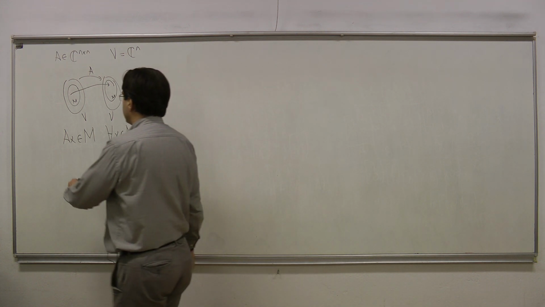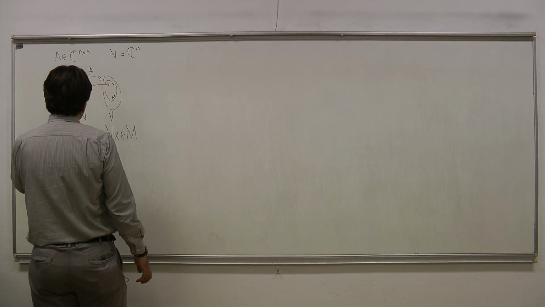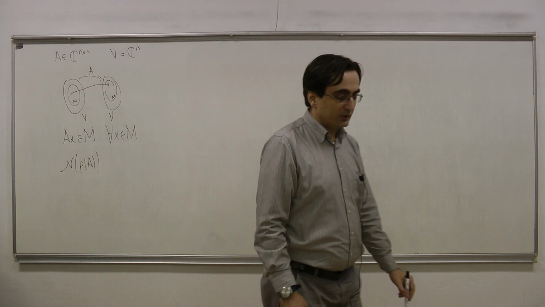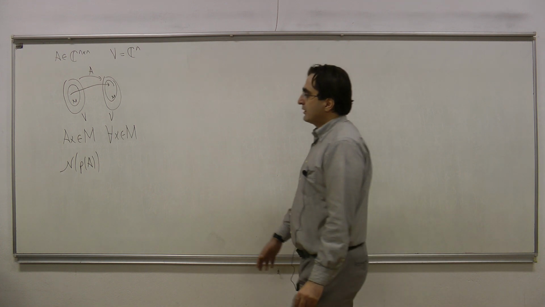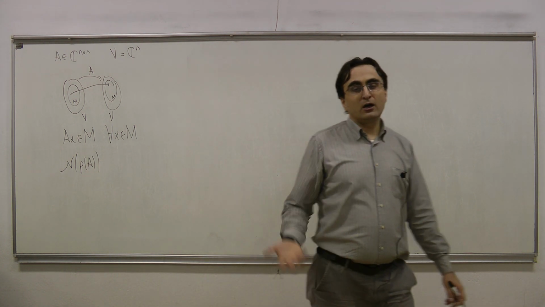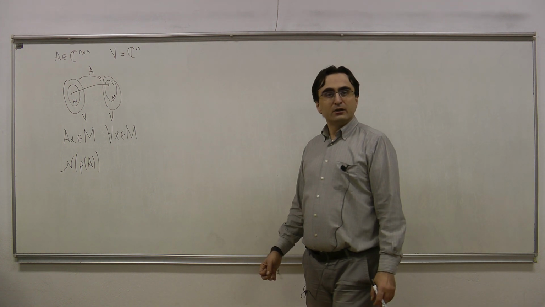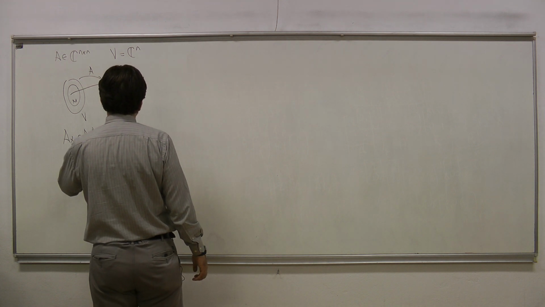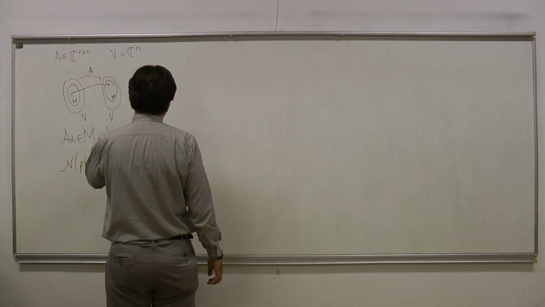And we have also learned that the null space of any polynomial of A is invariant under A. If I take any vector from the null space and transform it with A, I get another vector inside the same null space.